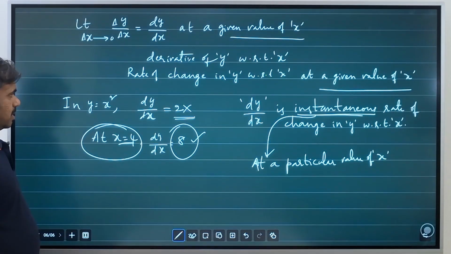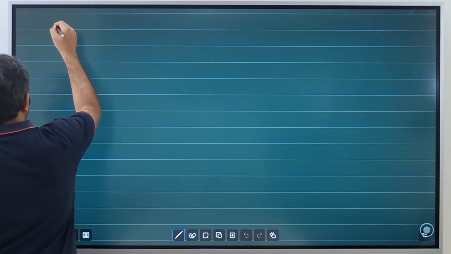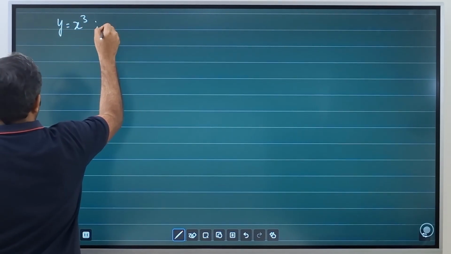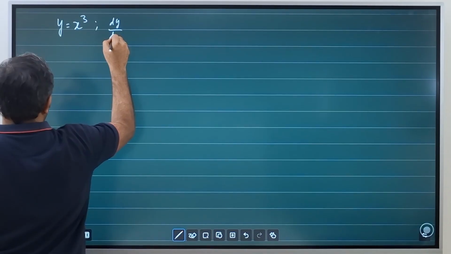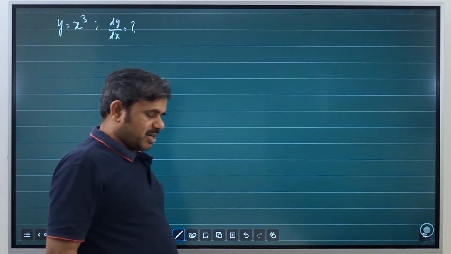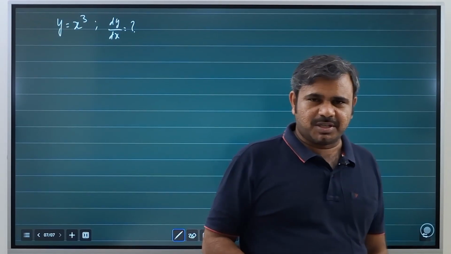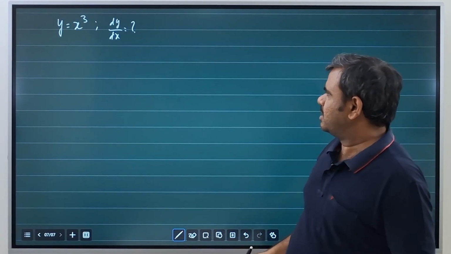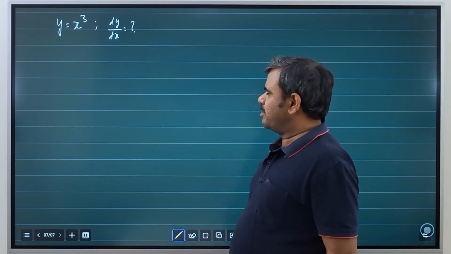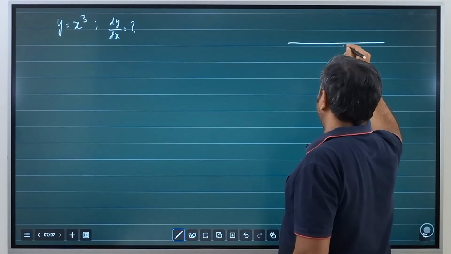So like this, we can take many functions and do it. I'll take y is equal to x cube and I'll find out dy by dx. dy by dx means the rate of change in y with respect to x at a particular value of x. How do you find it?